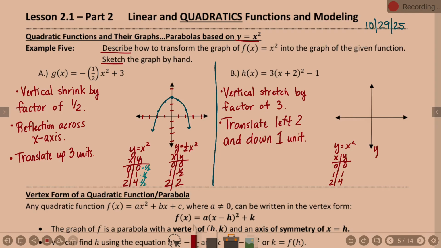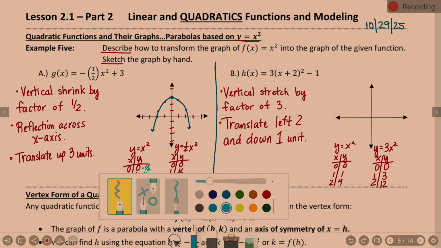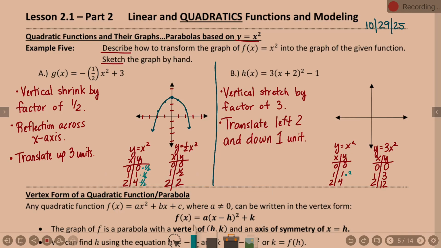But if we say y equals 3x squared, x values stay the same, y values become 0, 1 times 3 is 3, and 4 times 3 is 12. And that's because I multiplied all of those y values by 3. So vertical stretches and shrinks multiply the y values.